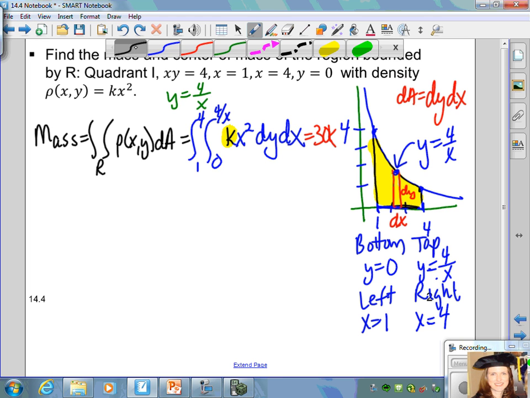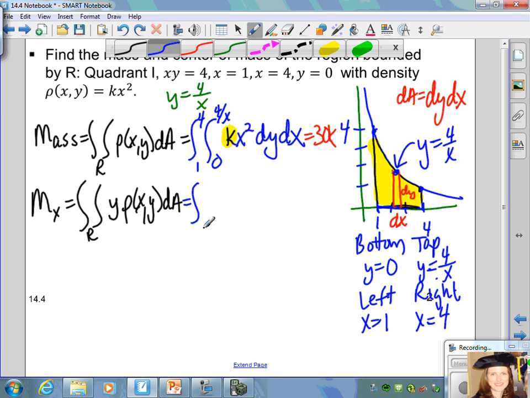Now let's find the moment with respect to the x-axis, and that is also a double integral of the distance from the x-axis, which is y, times the density times your differential area. When we set up this double integral, our bounds are going to be the same: the integral from 1 to 4, and the integral from 0 to 4 over x.